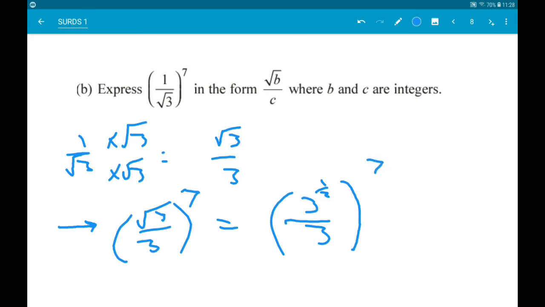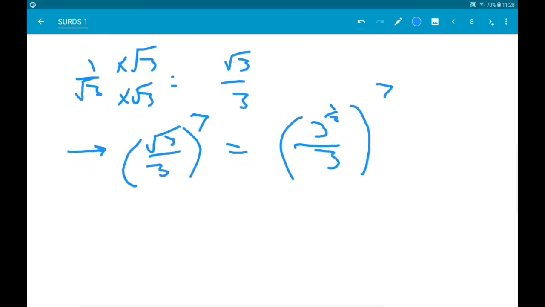Now, powers separated by brackets multiply together. So this is 3 to the 7 halves over 3 to the power 7.